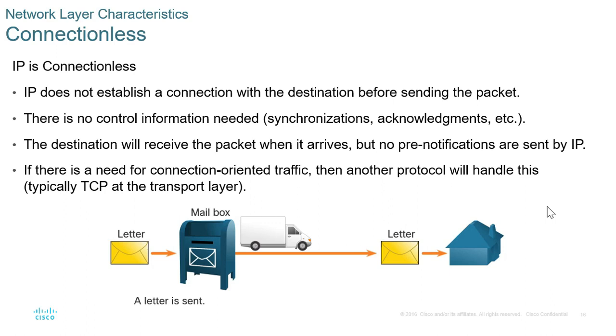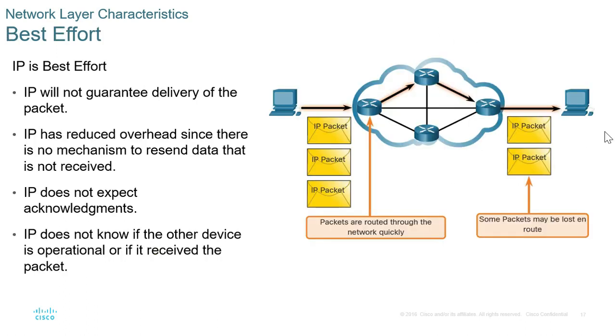Jadi sebenarnya katalah kalau kita gunakan application dekat application layer yang memerlukan connection oriented, maksudnya kita perlu proses acknowledgement tu, it should be catered by the upper layers, for example TCP. So characteristics IP layer ni juga adalah its best effort. So bila best effort, that means it tries its best to send, but there is no guarantee that the data will be delivered properly.